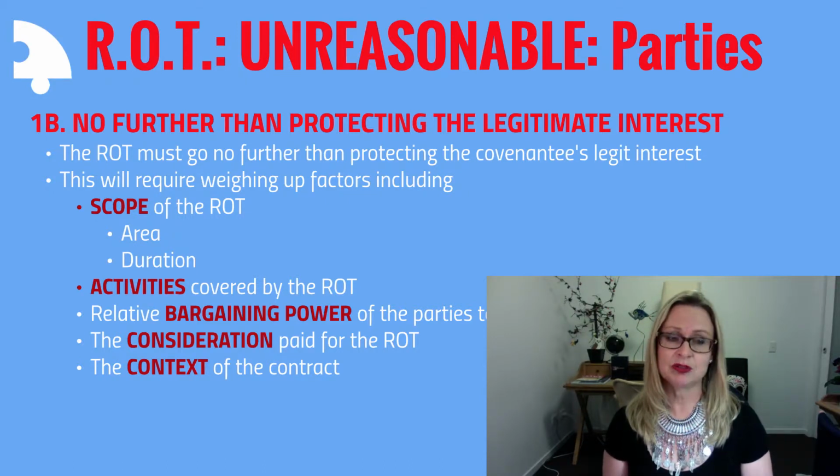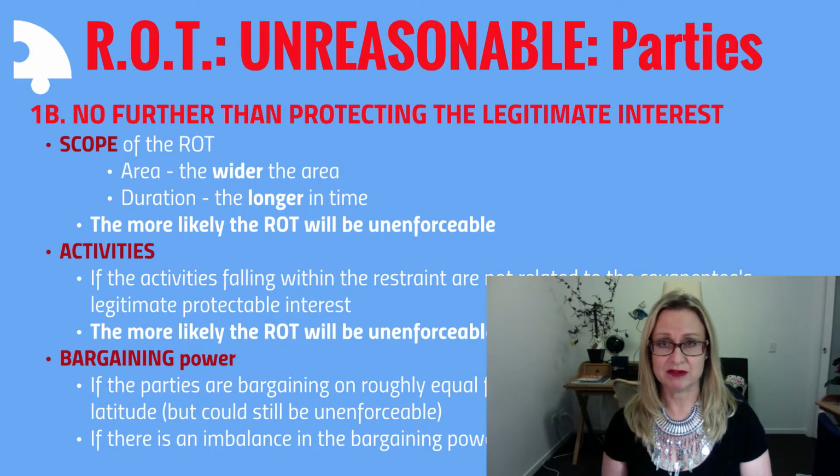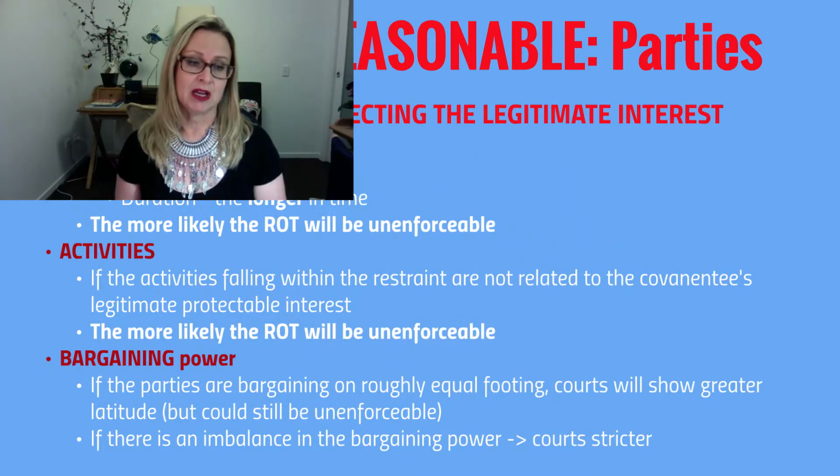And here the court's going to look at a few different things: scope, activities, bargaining power, consideration, context. When they're looking at scope of the restraint of trade, the wider the area of the restraint and the longer in time the duration, the more likely it's going to be struck down as void.